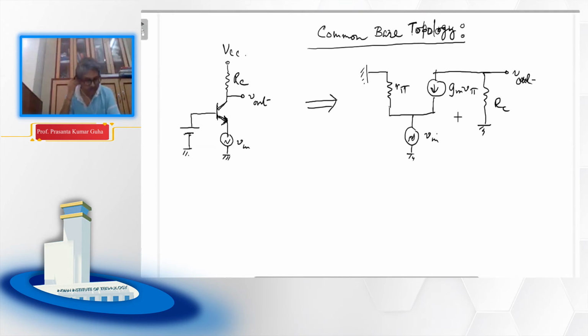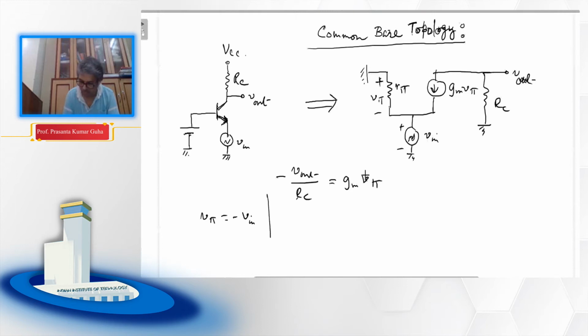So you can straight away find the gain of the circuit in the same fashion we did in our common emitter topology discussion. So you see here V pi is, again this is your V pi as usual. You see V pi and V in polarity is opposite, so V pi is minus V in. If that is the case, you can straight away write gain, which is V out over V in, equal to GM RC.